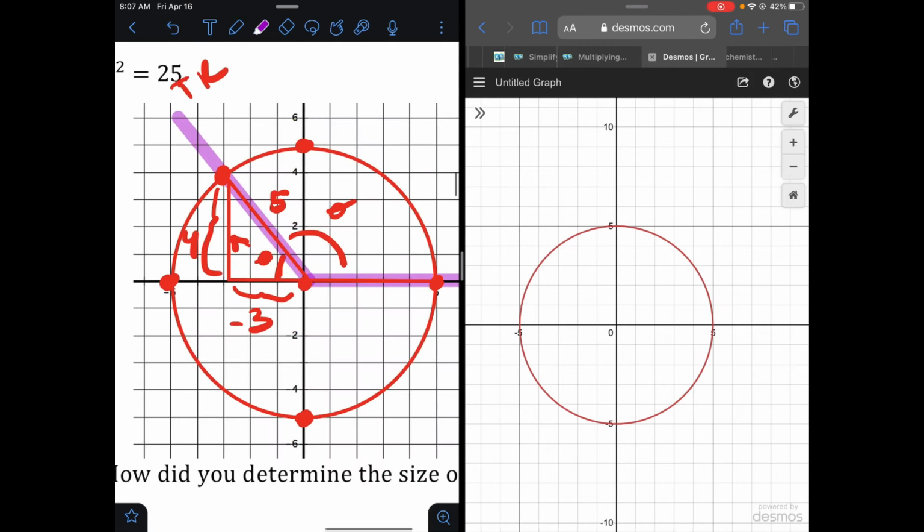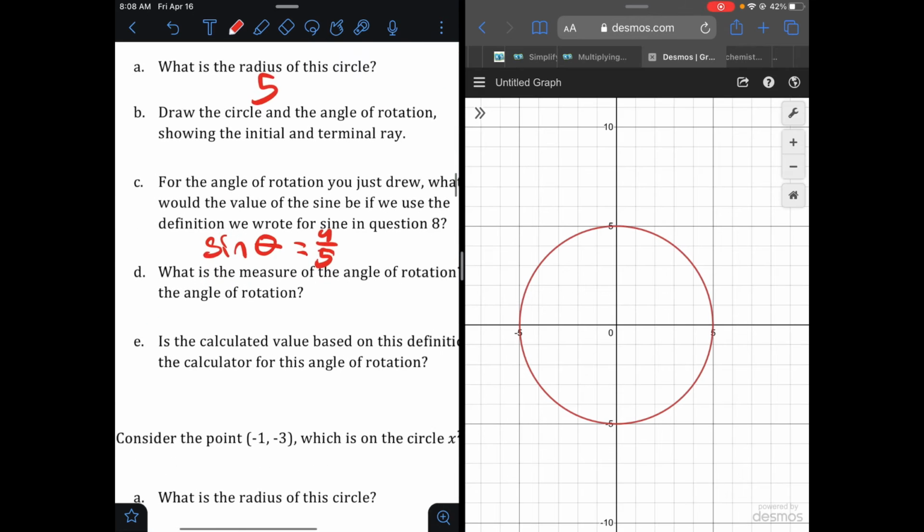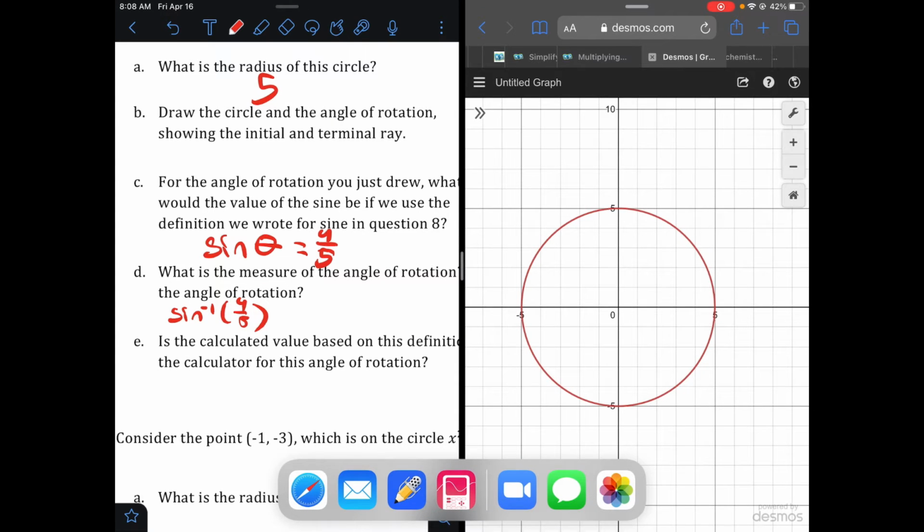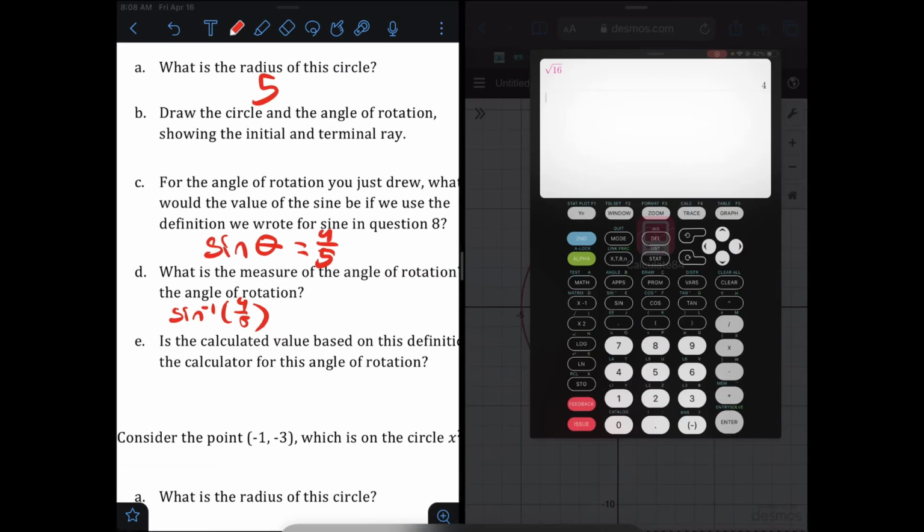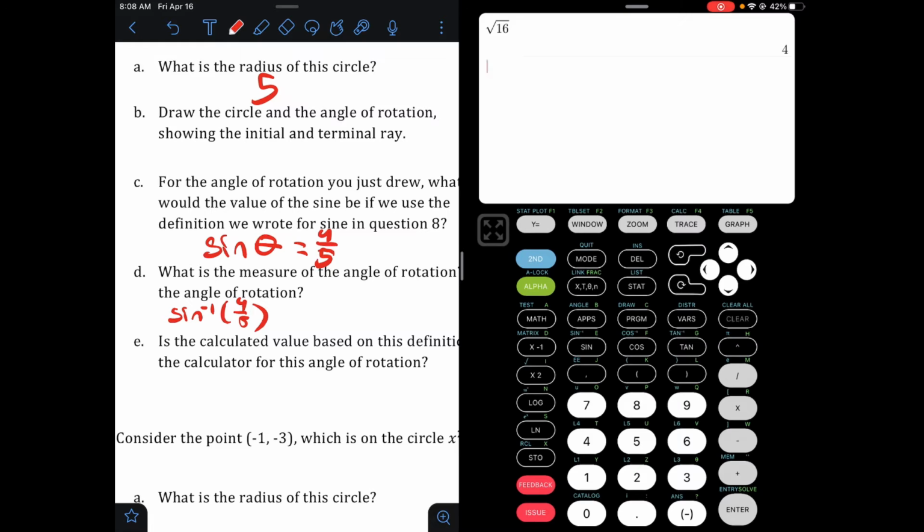So in order to figure out what this theta right here is, we're going to do sine inverse of 4/5. All right, when I do that, we get 53.1.